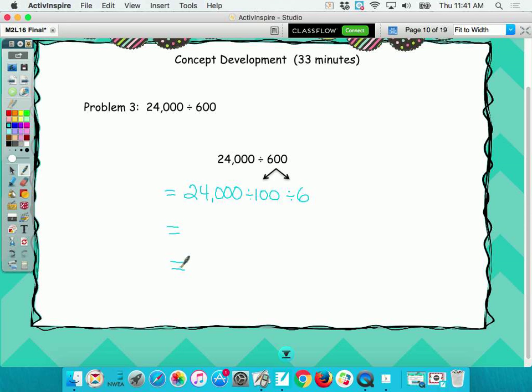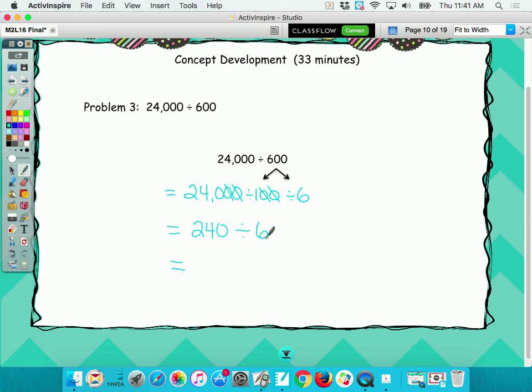Okay, so the easiest way to do this is get rid of your zeros first. So I'm going to divide 24,000 by 100. In 5th grade, here's what I do. I cross off my zeros. Do I want you to cross off your zeros? Yes. And the reason is because you need to be able to write what's left over on the second equal sign.